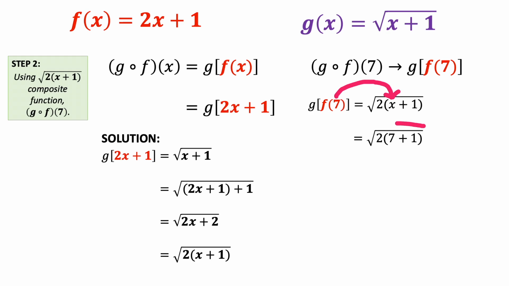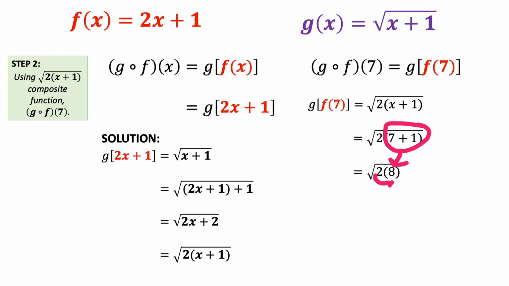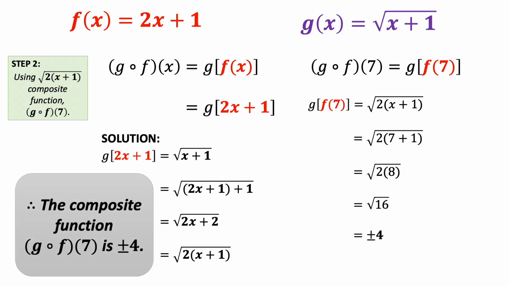Applying the PEMDAS rule, 7 plus 1 is 8. Now we have square root of 2 multiplied by 8. Then we have square root of 16, which is positive 4. Therefore, g circle f of 7 is positive 4.